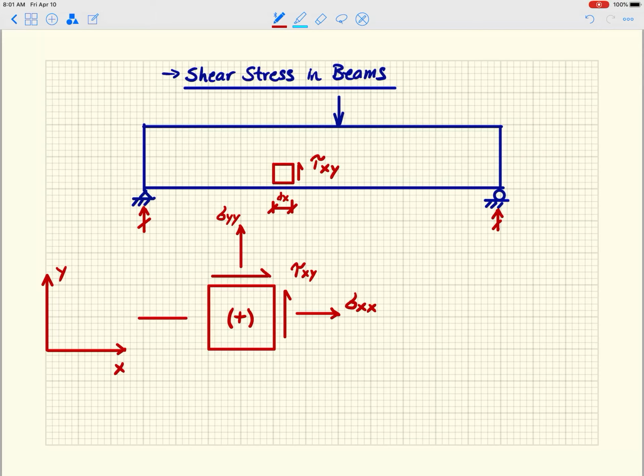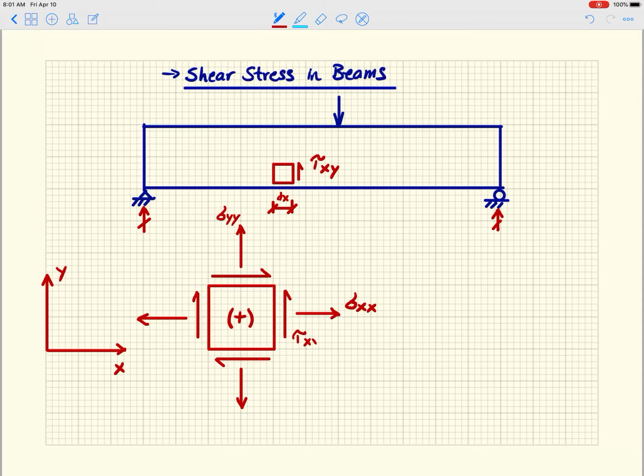And those axial stresses have to be balanced by axial stresses on the opposite side of the cube. And the shear has to be balanced by shears going in the opposite direction on the other side of the cube. So let me erase this and put this down here.